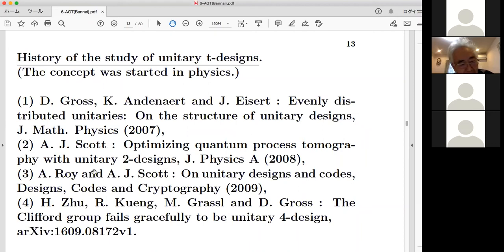From the mathematical point of view, Roy and Scott describe unitary designs and codes, in 2009. And there is an interesting paper by Zhu, Kueng, Grassl, and Gross, The Clifford group fails gracefully to be a unitary 4-design. And I think in the next talk by Da Zhao, he will mention this paper. Anyway, this is the start of the study of unitary t-designs, and it was started in physics.